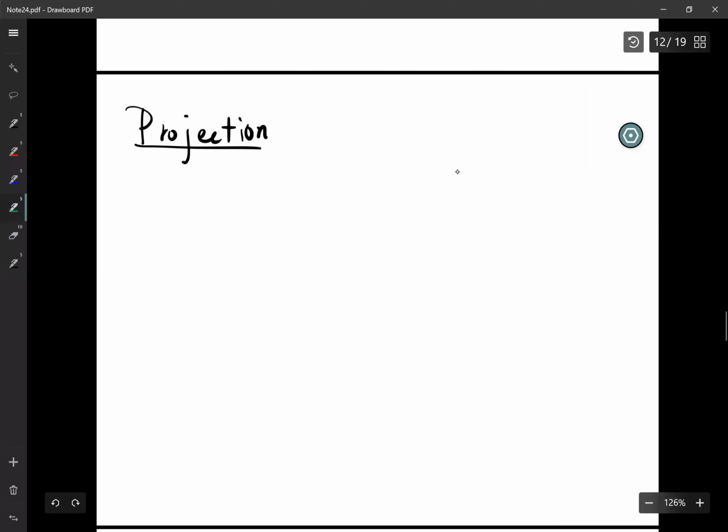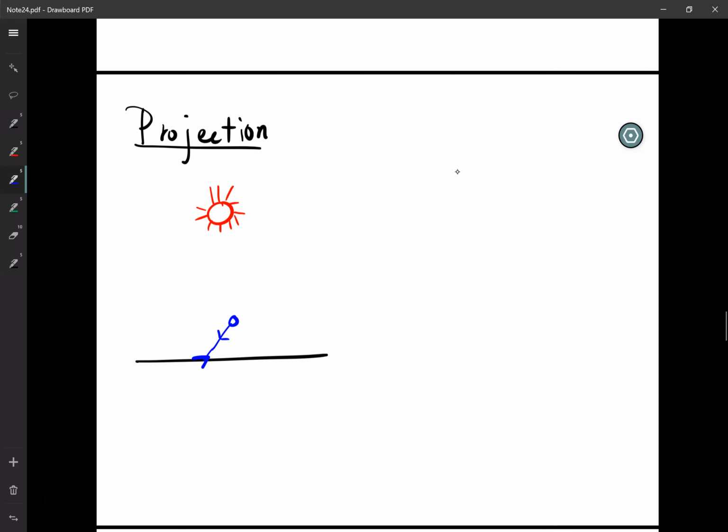So the idea of a projection is, let's say that this is the sun, this is the ground, and this is me lying on an imaginary chair.